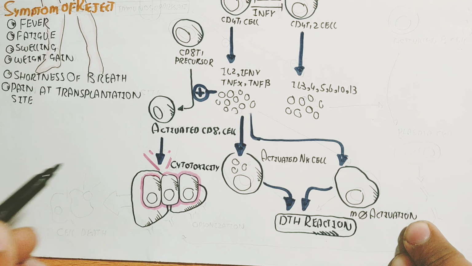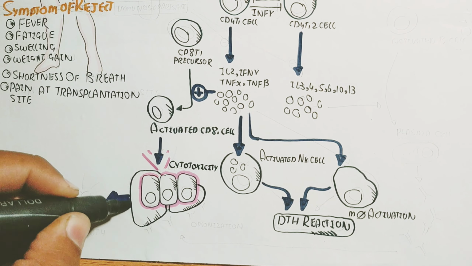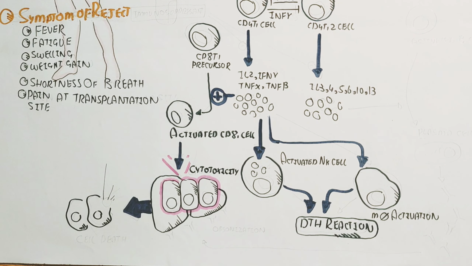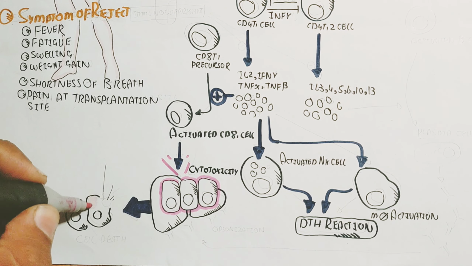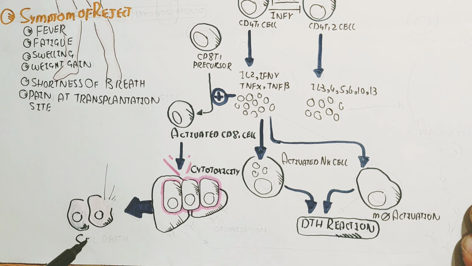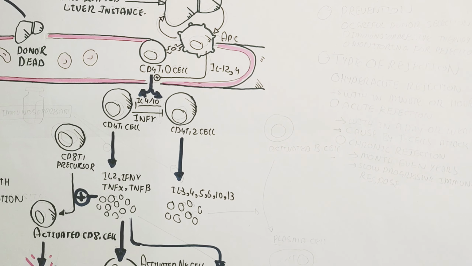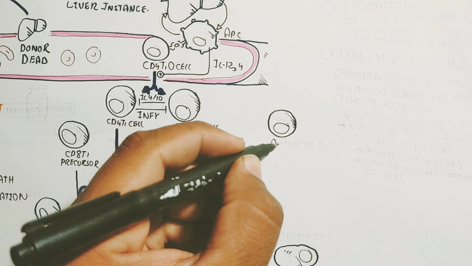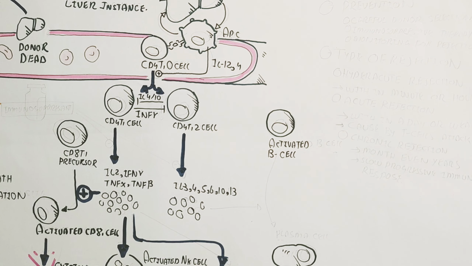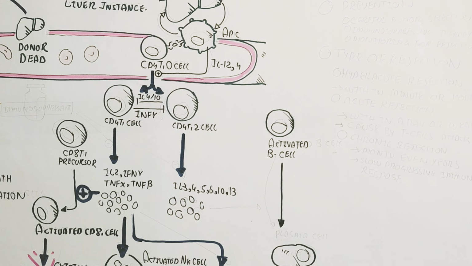The macrophage activity will lead to a death reaction in the allografted tissue, while the activated CD8 T cell leads to cytotoxicity and completely cell death. This is programmed cell death. The CD8 T cell causes more inflammation because of the damage to the cells.